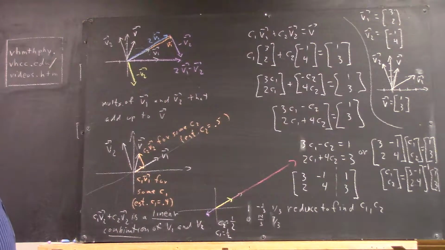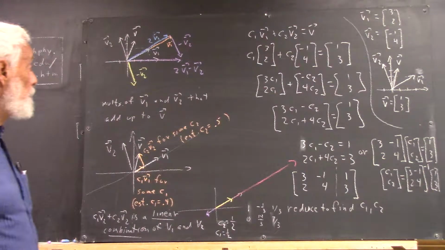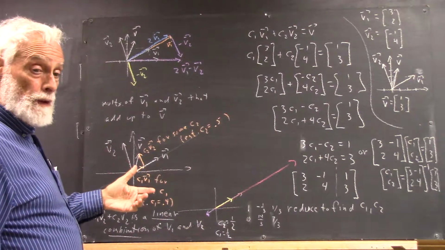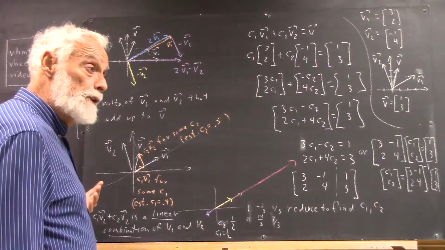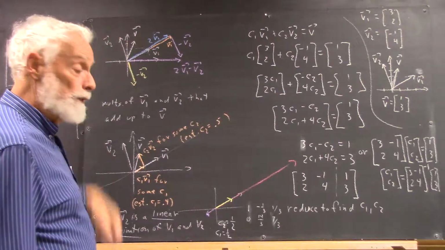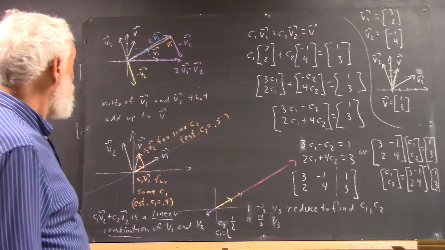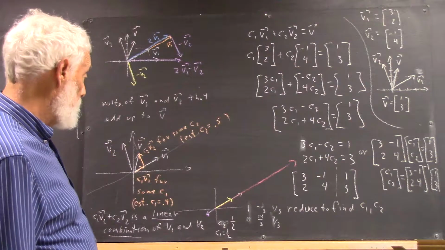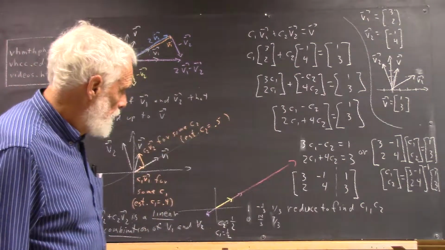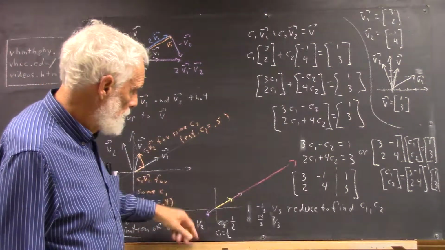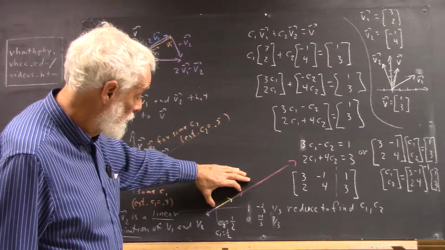So now the question that we really want to look at is, is there a multiple of v1 that can be added to some other multiple of v2 to get the vector v? Well, first of all, the multiples of v1: if we look down here, here's the line of v1. Maybe this vector here is v1.